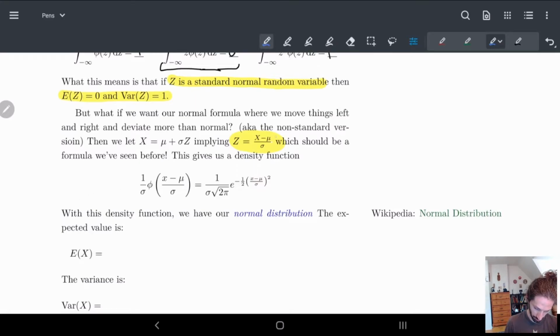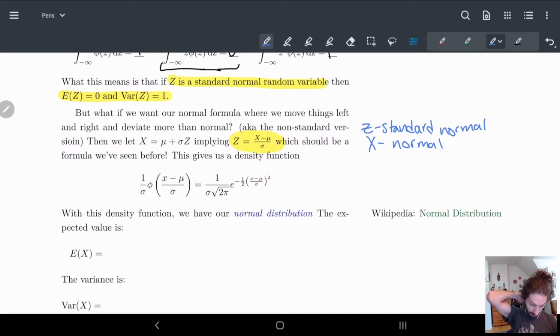Z is standard normal, and x is normal. If we let z equal x minus mu, mu being the expected value, and sigma being the standard deviation, then we end up getting this formula.